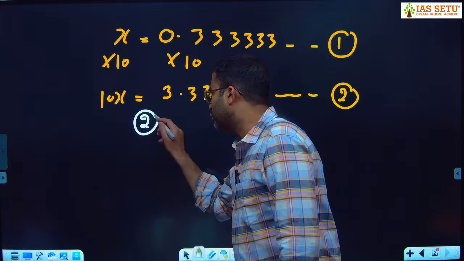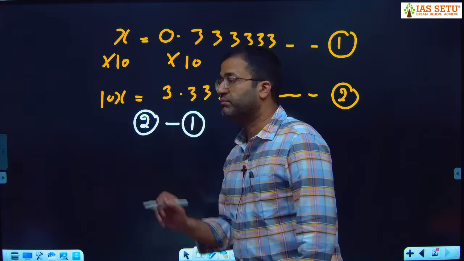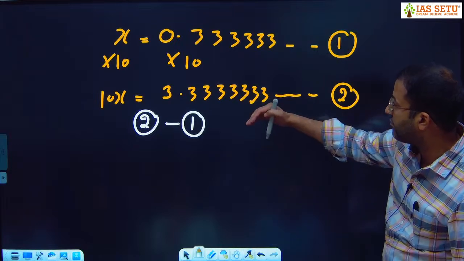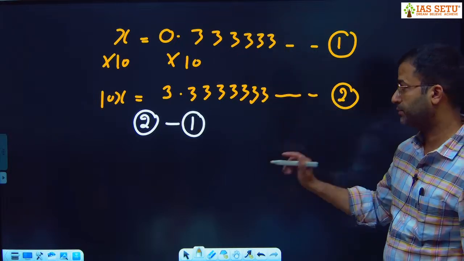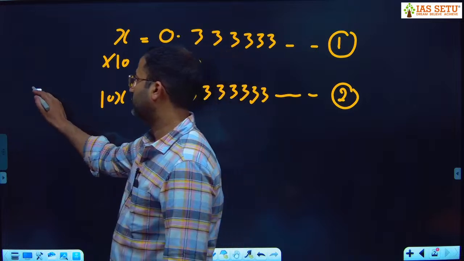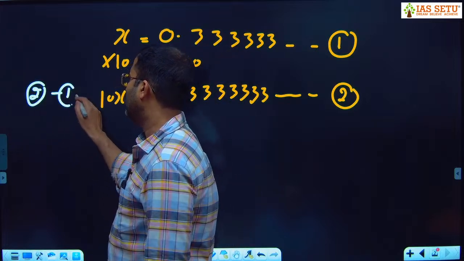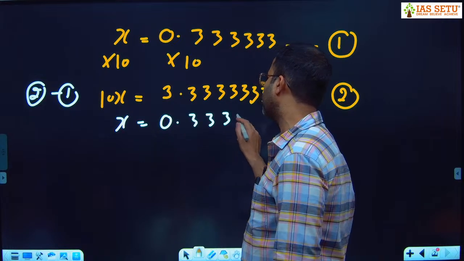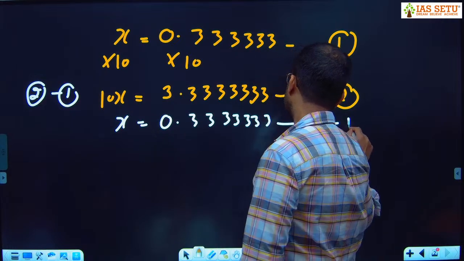Equation number 2 minus equation number 1. So here from the second equation we have to subtract the first. Okay, so what is equation number 1? x is equal to 0.33333. This is equation number 1.